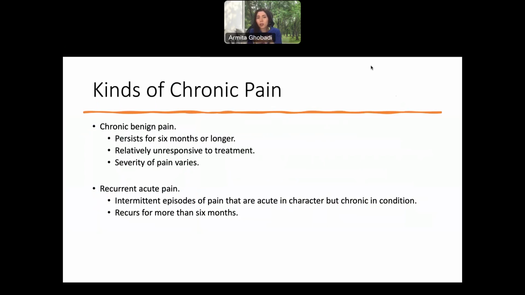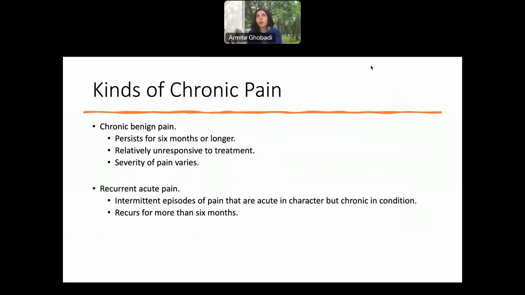Recurrent acute pain is also important. It is whenever you have a pain that's going to come and go, and it's going to bother you a lot because it is pain. It's going to happen over more than 6 months, but it's not consistent. It's going to come and go.